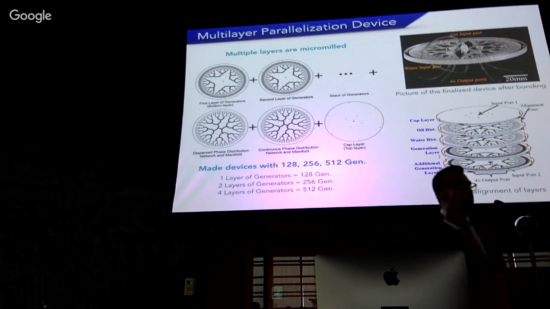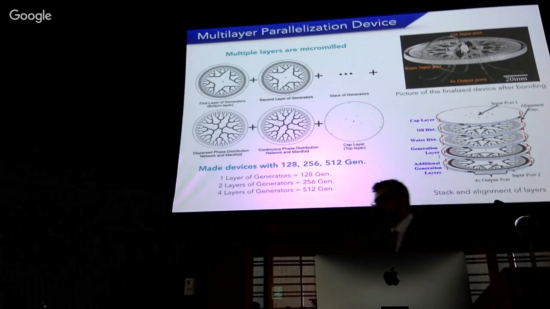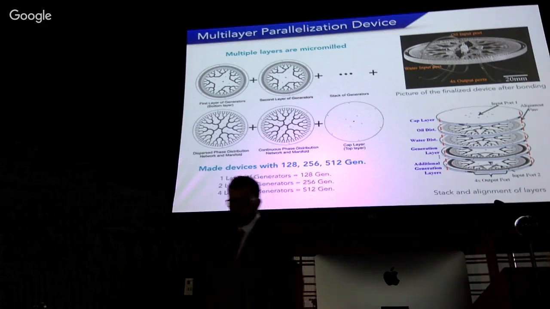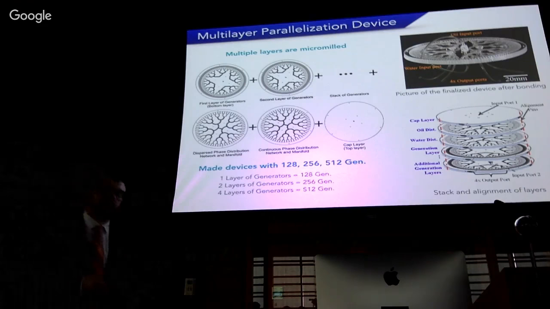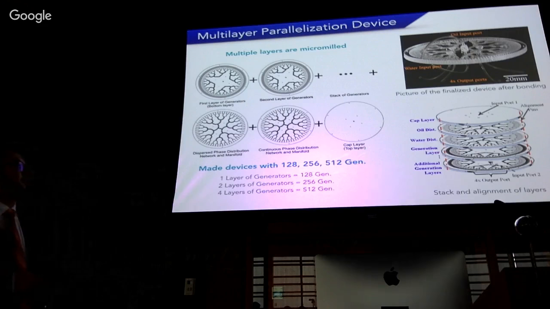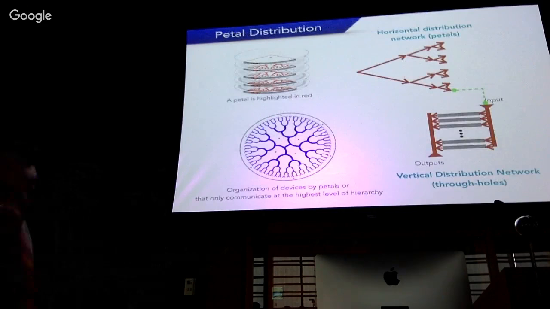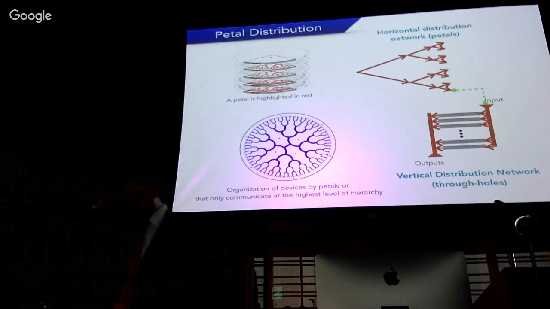If we use 2 layers, then we parallelize 256, and 4 layers will give us 512. You can add more layers to make more parallelization of these devices.